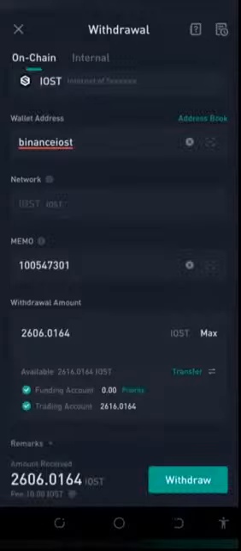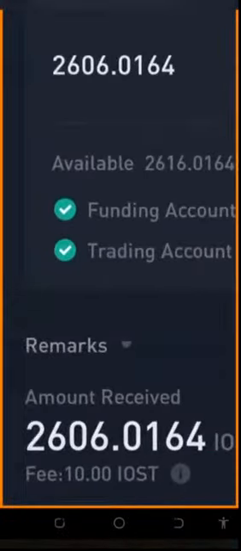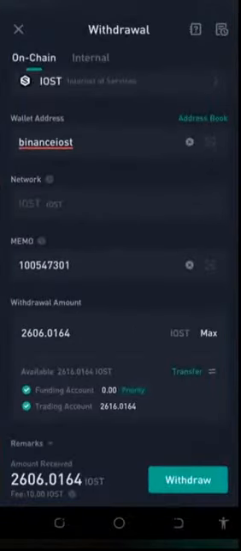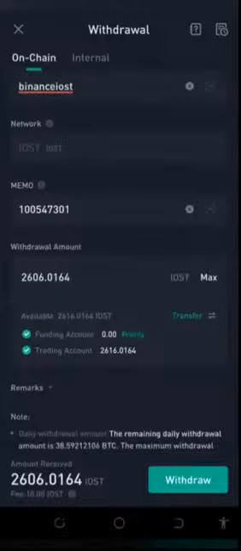So what we get is 2606. Remember that there's going to be a withdrawal fee of about 7 cents. It says that the fee is 10 IOST, which is equivalent to about 7 cents. So we're going to go over and get this done. All right. So 1 to go. Let's withdraw.